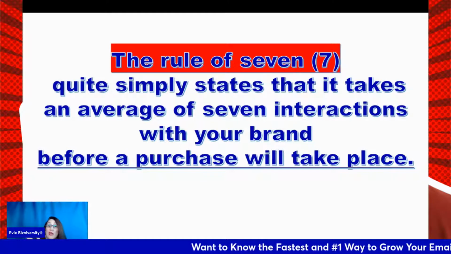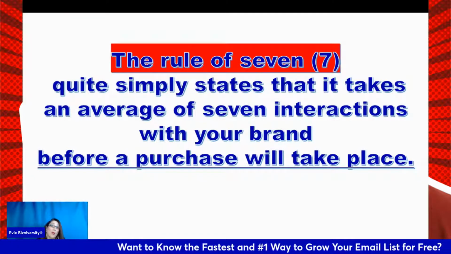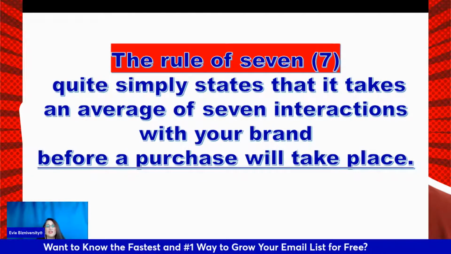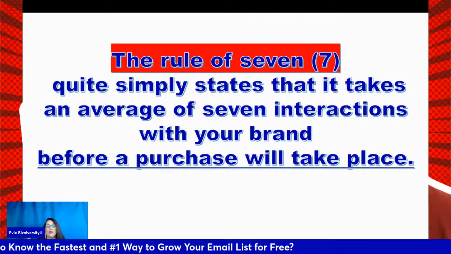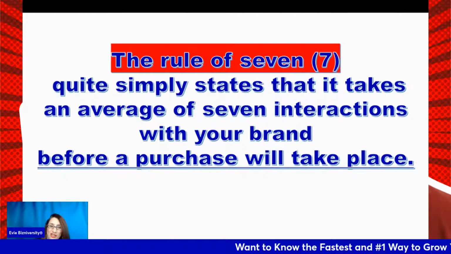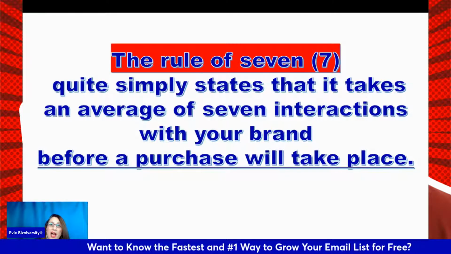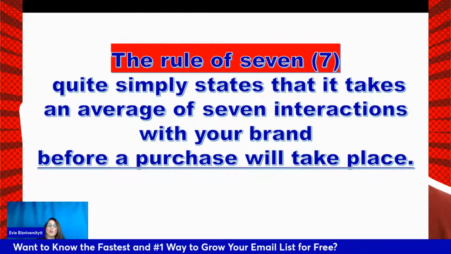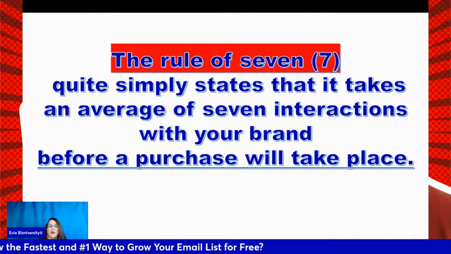You know me, now you like me, now you trust me? Maybe, perhaps. I like to talk about the rule of seven. The rule of seven quite simply states that it takes, on average, about 7 interactions for someone to really buy from you. And we're talking about the 90% of the marketplace.